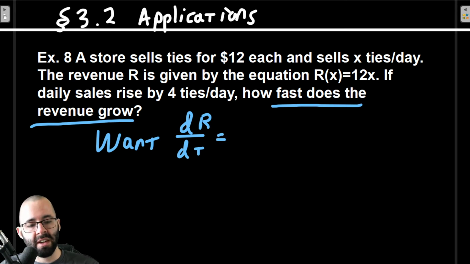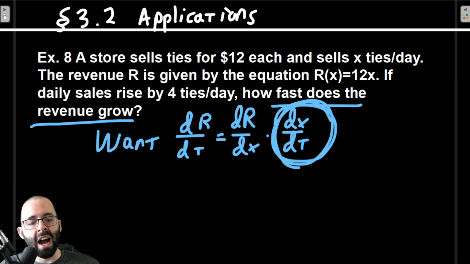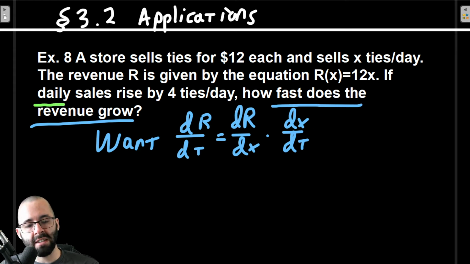Well, the chain rule says that we can write this as dr/dx times dx/dt, because we know r and we know how it relates to x. And we know how x changes over time as well. This right here is how does x change over time? Well, look at this. The sales, which again is x, rises by 4 ties every day. That is our dx/dt.